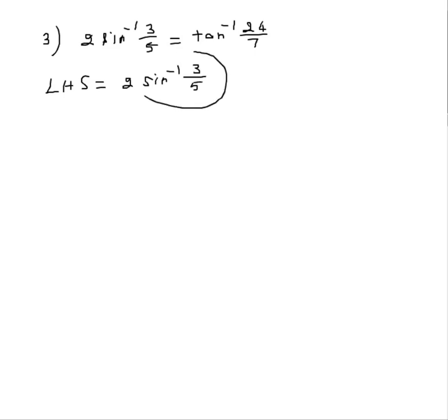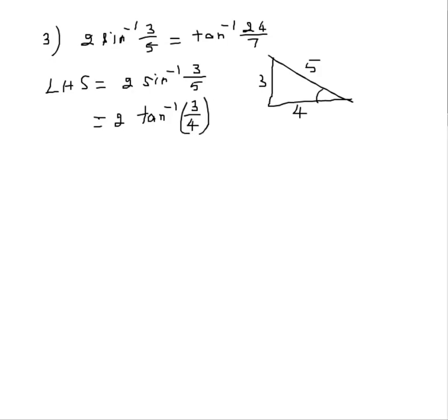Any inverse trigonometric function can be changed to any other inverse trigonometric function using the triangle method. Opposite side is 3, hypotenuse is 5, so the adjacent side will become 4. Now let us change the sine inverse to tan inverse. I have to write opposite side by the adjacent side.